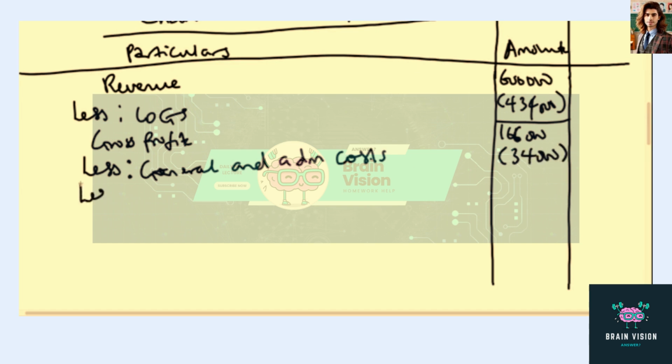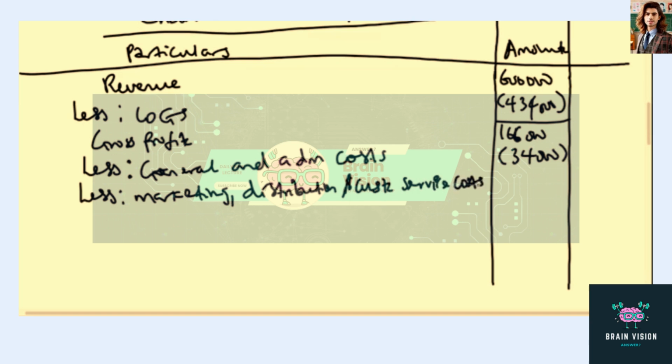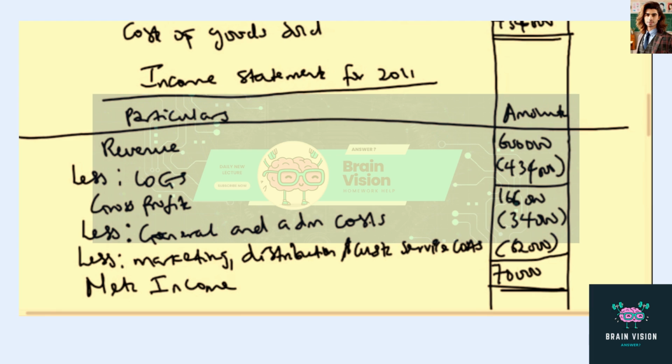And we also less the marketing, the distribution, and customer service costs. And that's minus 62,000. And then what we get at the end of the day is the net income. So when you subtract this, you're going to get 70,000. So that is the net income for 2011. That's the answer to the question.